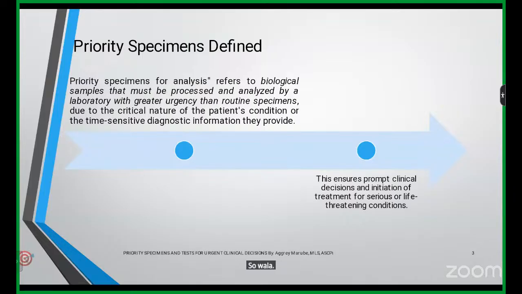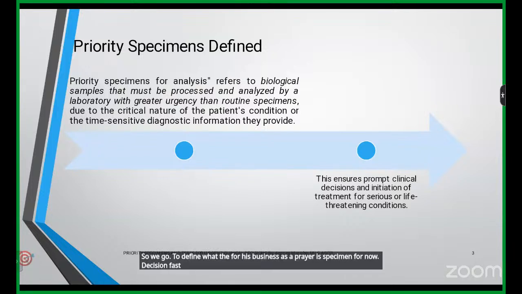So we're going to define what priority specimens are. A priority specimen for analysis refers to a biological sample that must be processed and analyzed by a laboratory with greater urgency than routine specimens due to the critical nature of the patient's condition or the time-sensitive diagnostic information they provide.